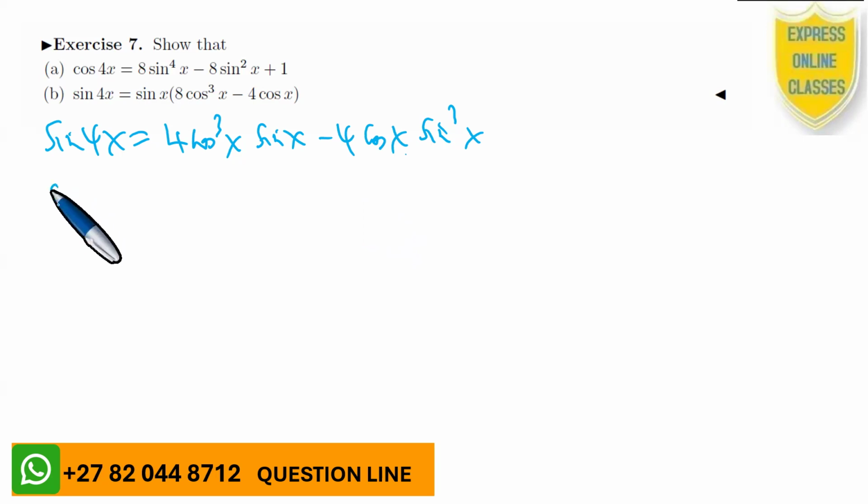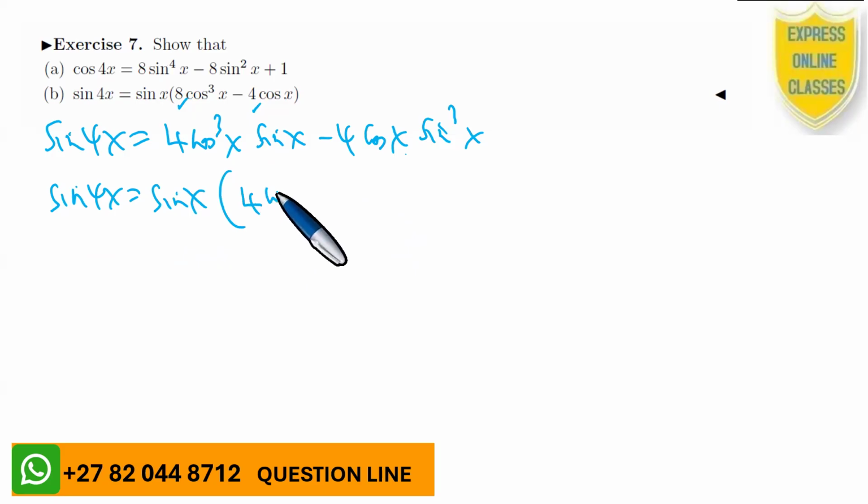Okay, so if you deal with the sine of x, you see they have 8 and 4 there. If you pull out sine x, it becomes 4 cosine cubed x. You pull out this one, you become this one, and then we have sine squared x.